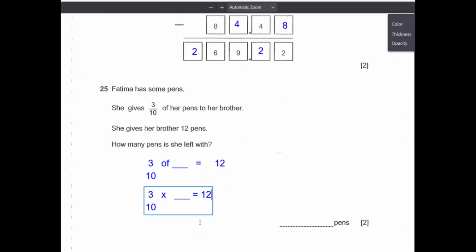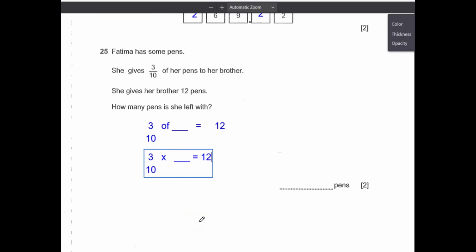So what you need to do is 12 divided by 3/10. And when we divide, you can convert: it's 12 multiplied by 10/3. 12 multiplied by 10 is 120, divided by 3 is equal to 40.